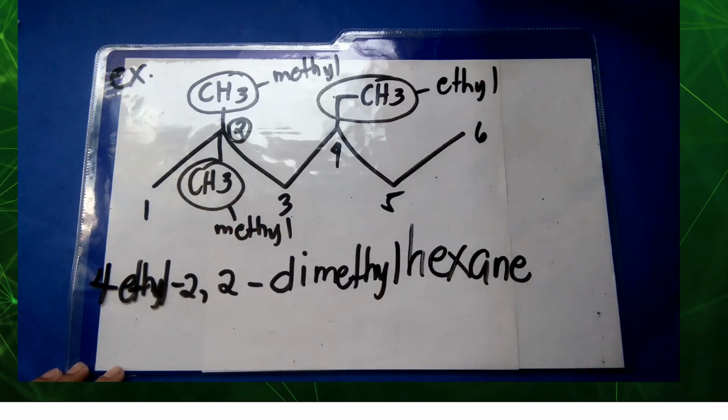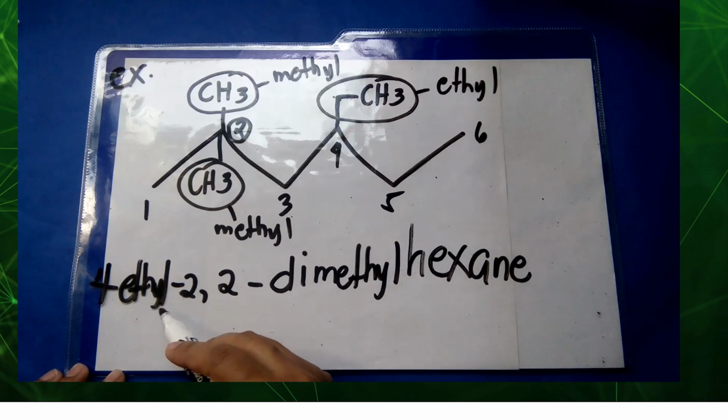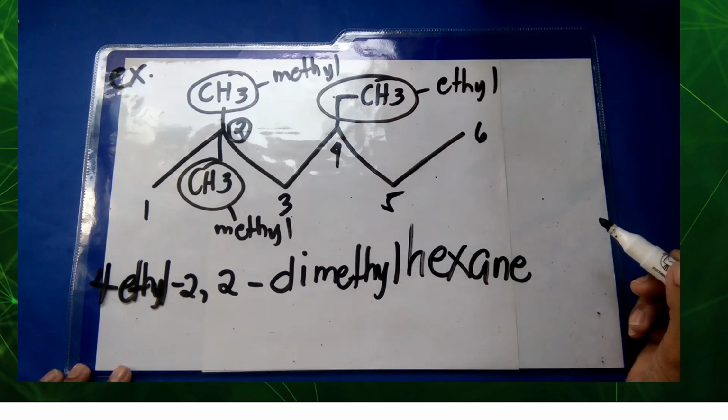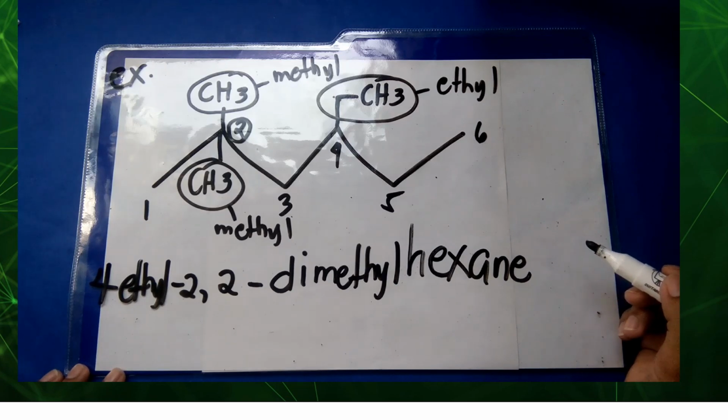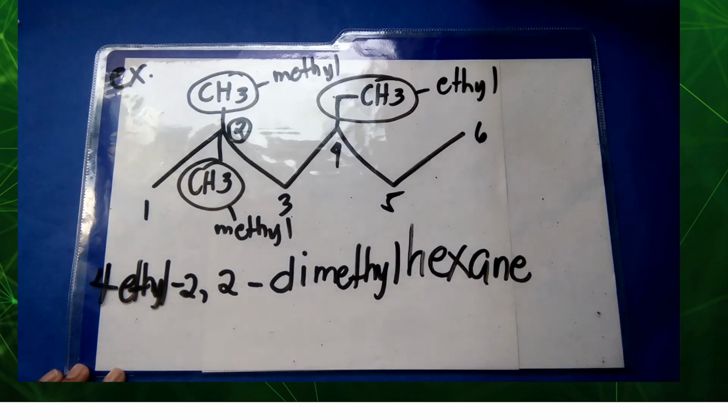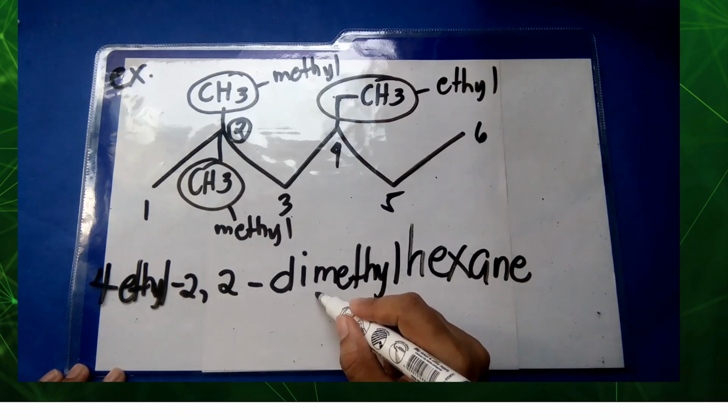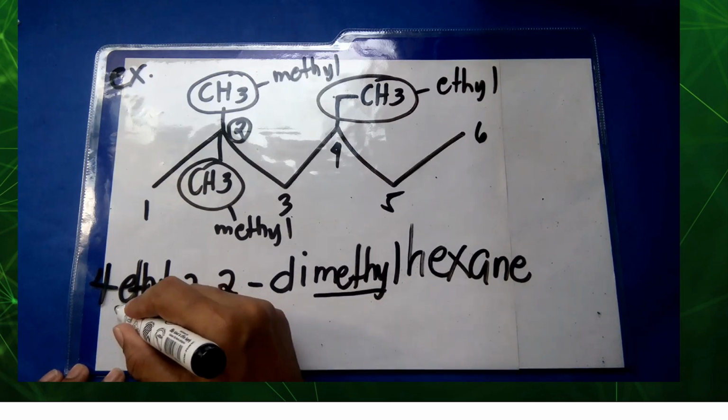Okay? So, ma'am, why did you say earlier that we should arrange the substituents in alphabetical order? Because the E, does it come before dimethyl? Does ethyl come before dimethyl? Okay, so the rule says, name the substituents in alphabetical order. It says substituent. So, the substituents are methyl and ethyl.